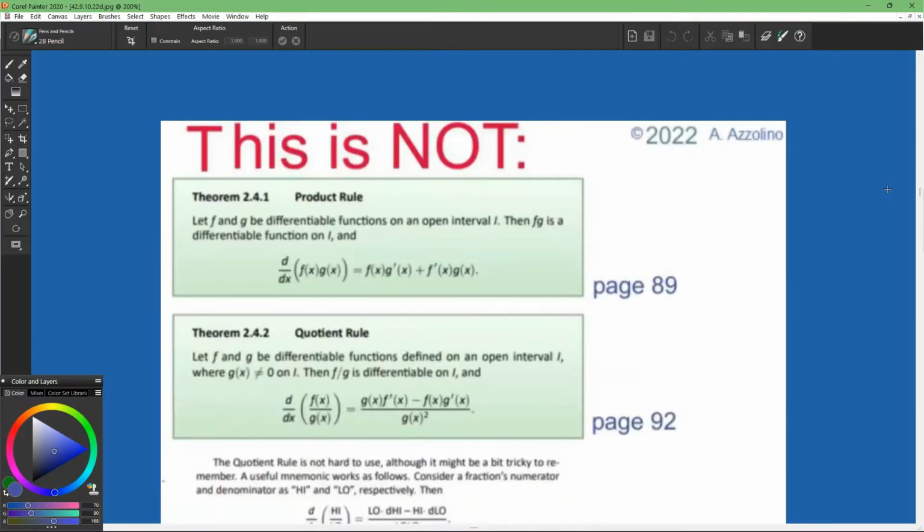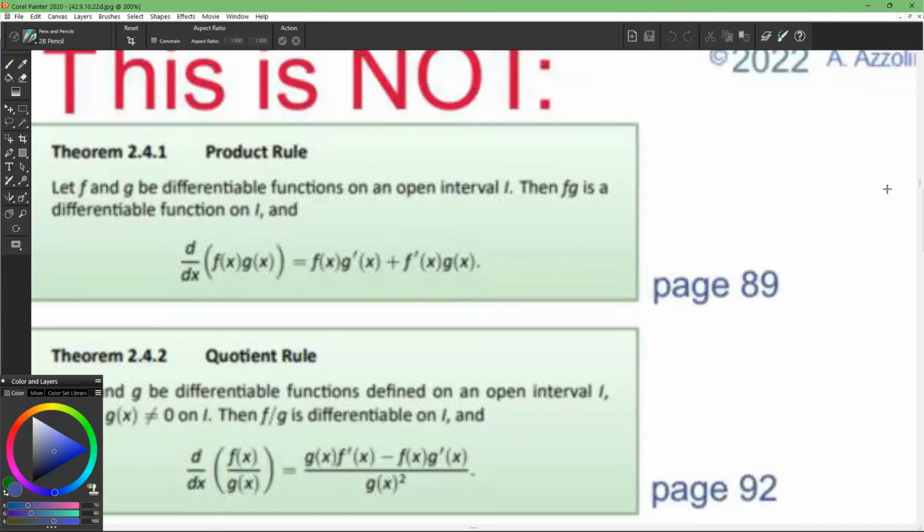His words are, let f and g be differentiable functions on an open interval I, then fg is a differentiable function on I. That's correct mathematics.